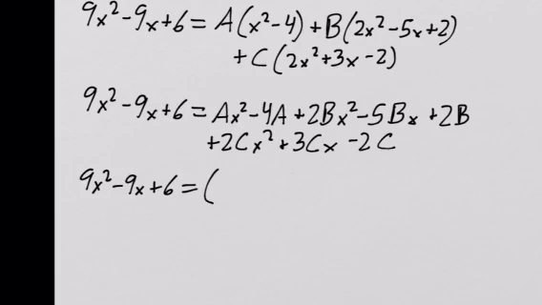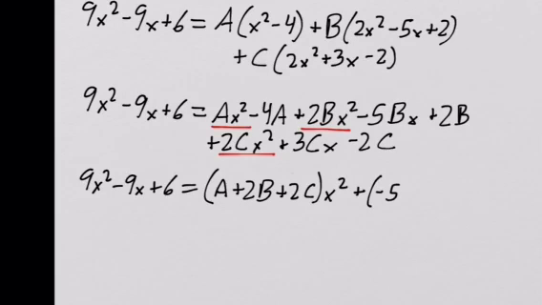So we end up getting A plus 2B plus 2C multiplied by x squared.